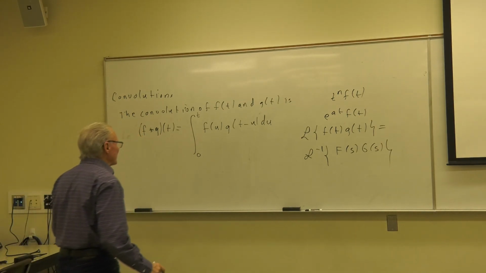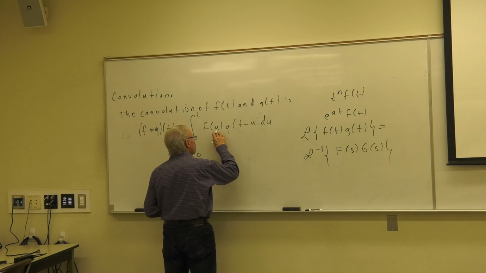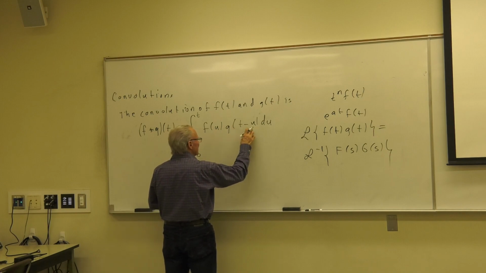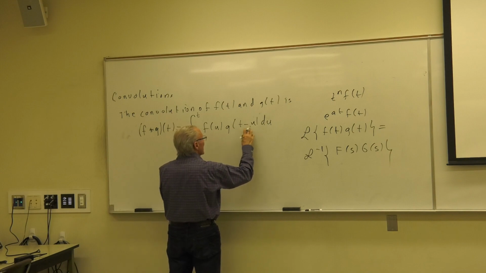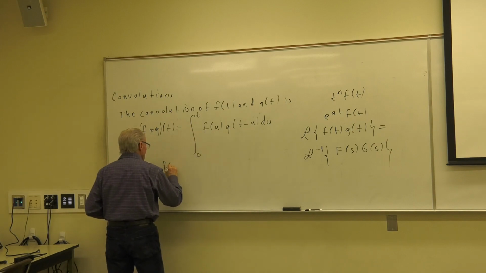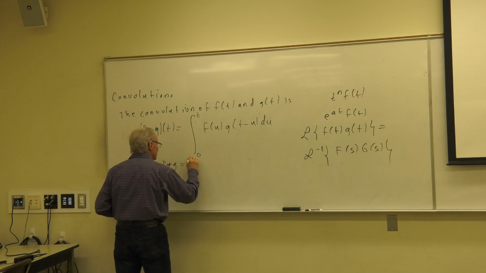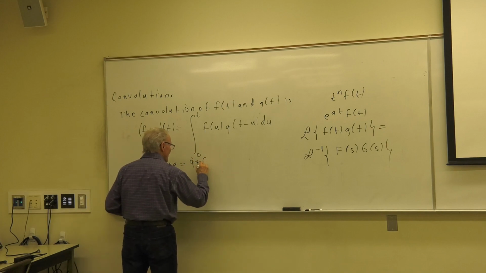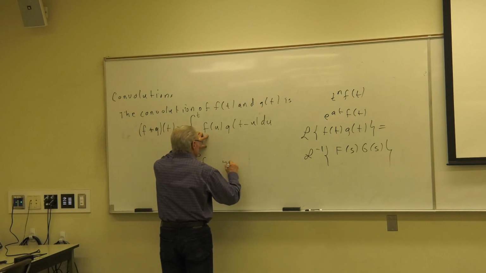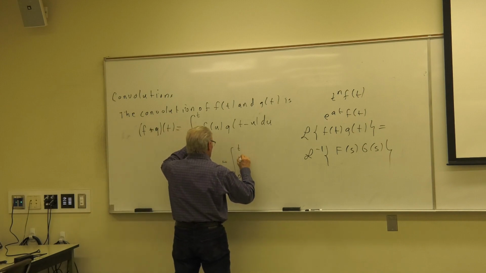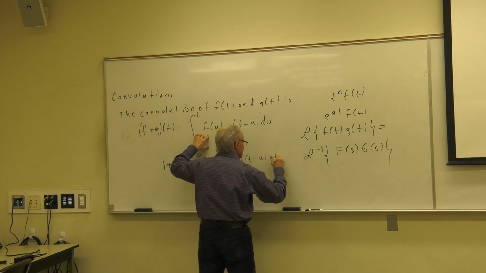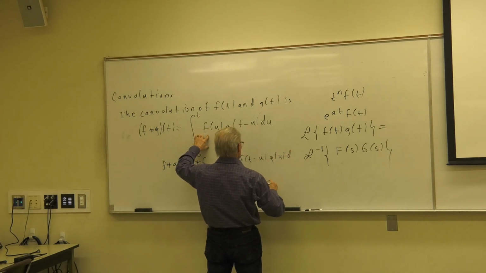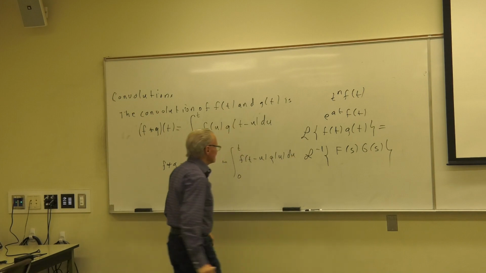Now you do not have to remember whether to put the u here and the t minus u here, or put the t minus u here and the u there. Because it is true that f star g is equal to g star f, which means then this guy is also equal to integral 0 to t, f of t minus u, g of u, du.